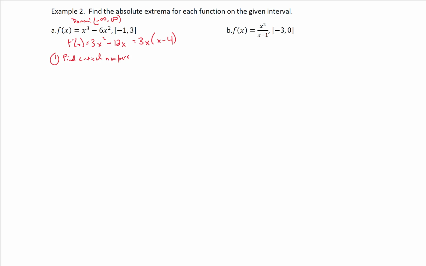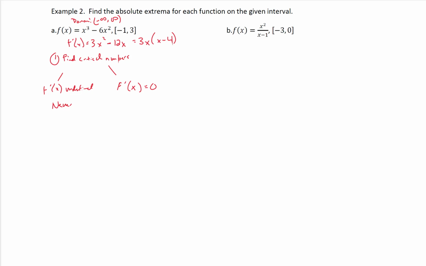So we know in this case, to find the critical numbers, there are two pieces, right? Where f prime of x is undefined. Well, it's never undefined, right? Why? Because f prime of x is a polynomial, so it is defined everywhere, on -infinity to infinity. So then we need to find where f prime of x equals 0.